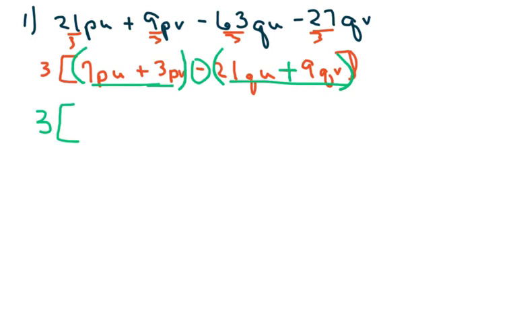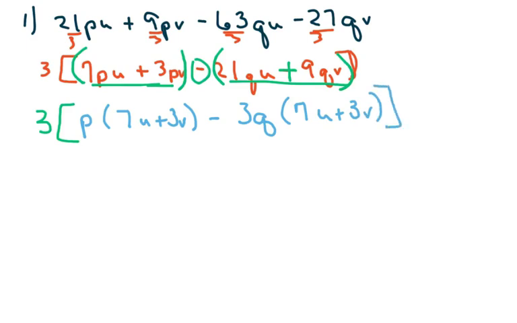So what I can factor out of this first group is P, and you get 7U plus 3V. Minus, I can factor out a 3Q here, and I get 7U plus 3V.